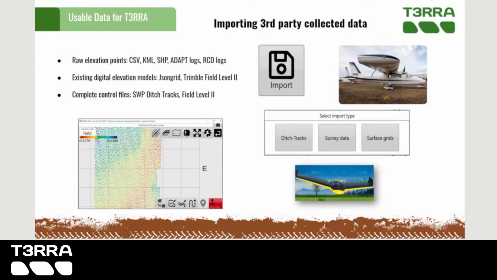Existing elevation models, which can be imported as a JSON grid, or Trimble field level 2, which is a .xml file, or complete control files, which is our Surface Water Pro ditch tracks, field level 2 .gps files as well.